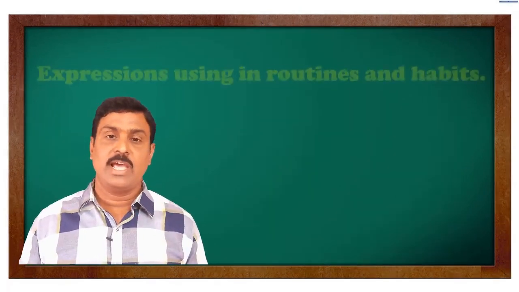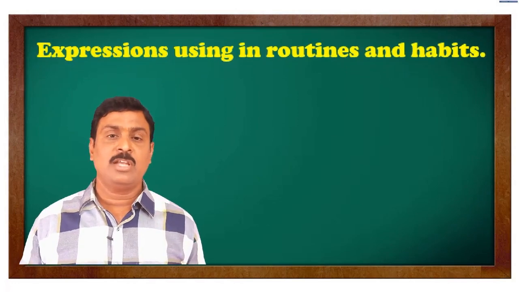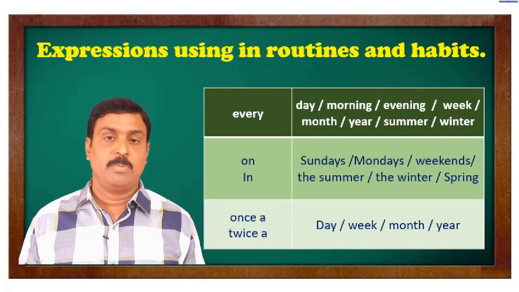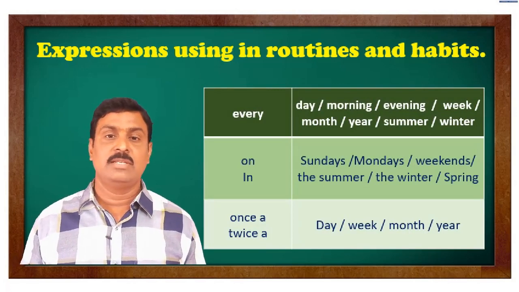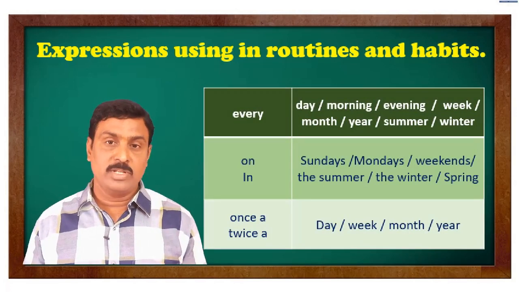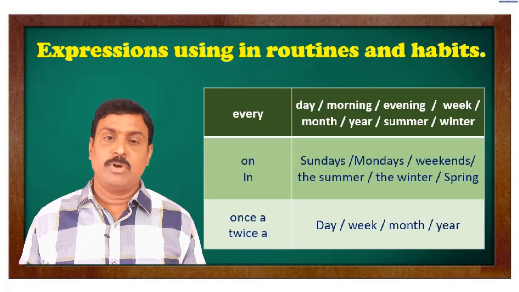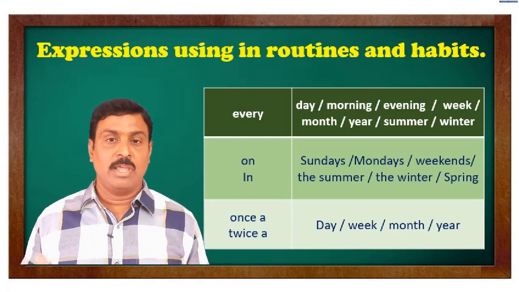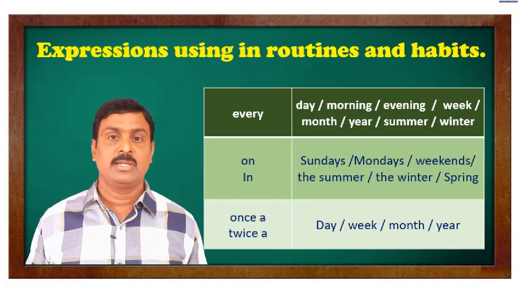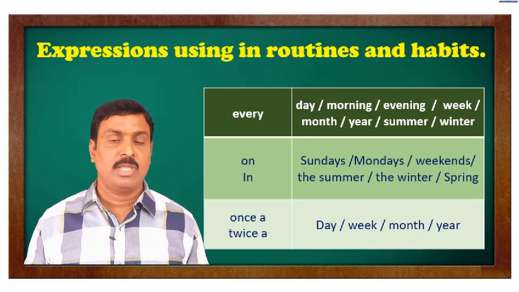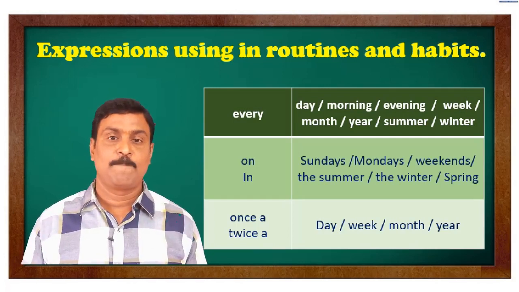When we talk about habits and routines, we normally use expressions like every, prepositions like on and in, and expressions like once a, twice a, etc. We use the word every in every day, every morning, every evening, every week, every month, every year, every summer, and every winter.